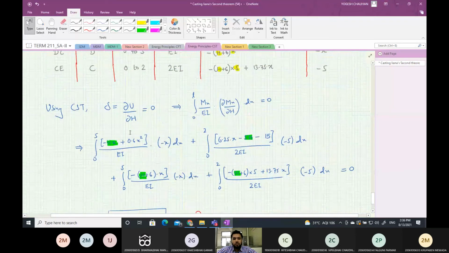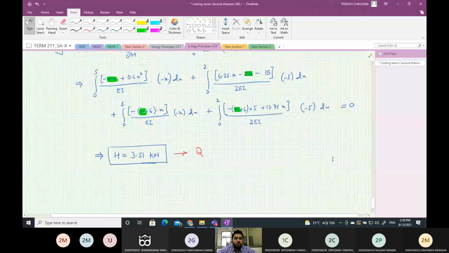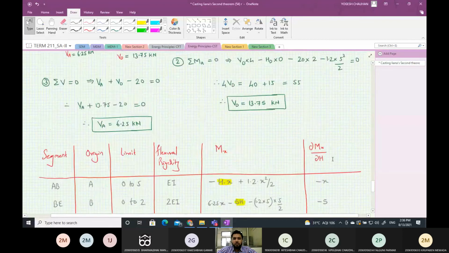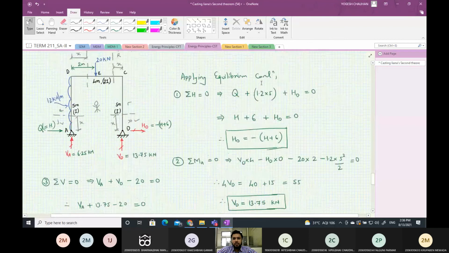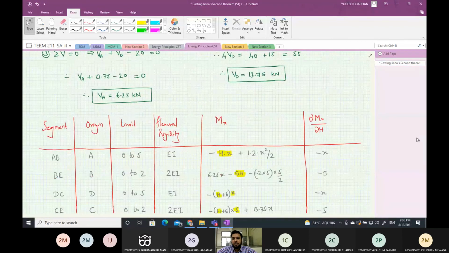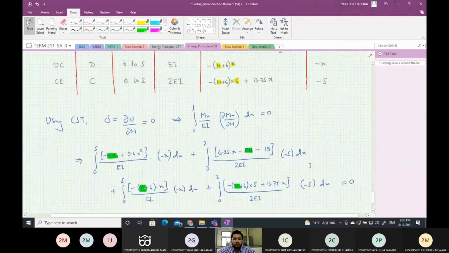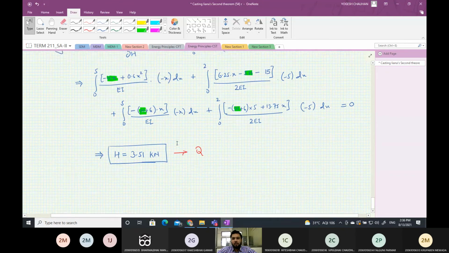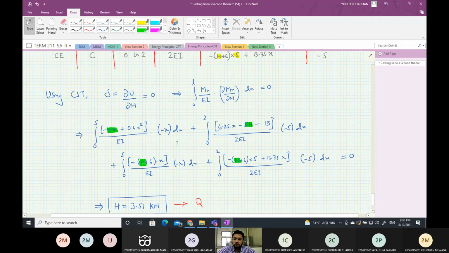Suppose you have three static indeterminacy, then you will have H1, H2 and H3. Three columns have to be prepared, and you will have three simultaneous equations, and solving them you will get the values of H1, H2 and H3. So try solving examples with higher degree of indeterminacy from the reference textbooks.